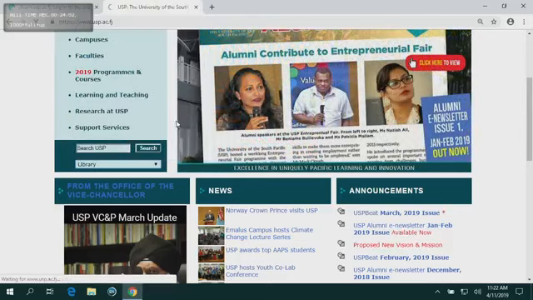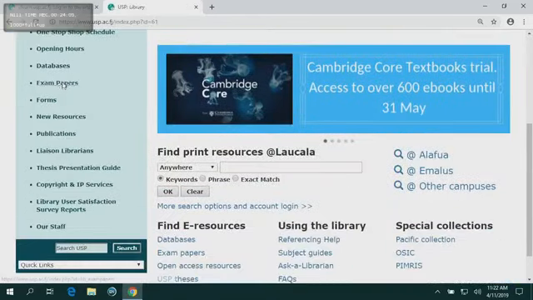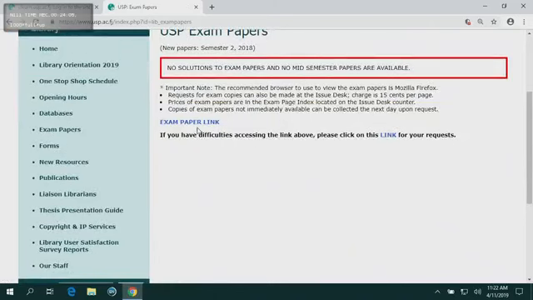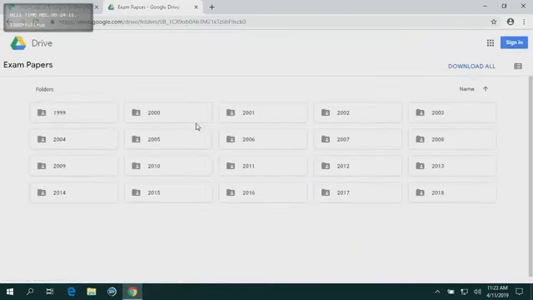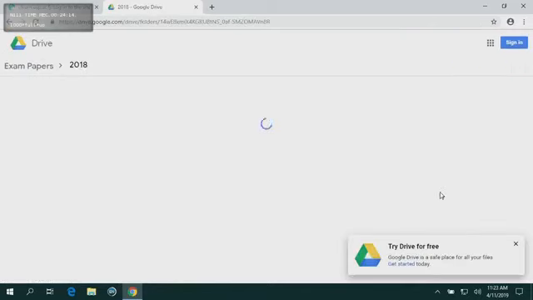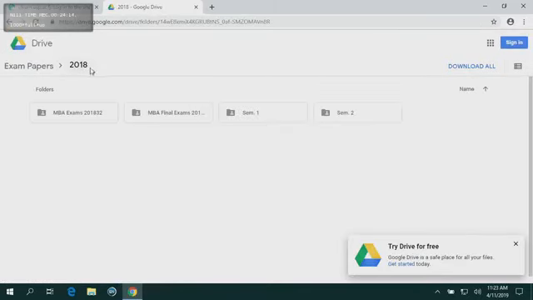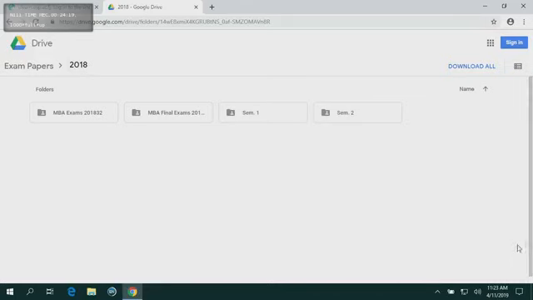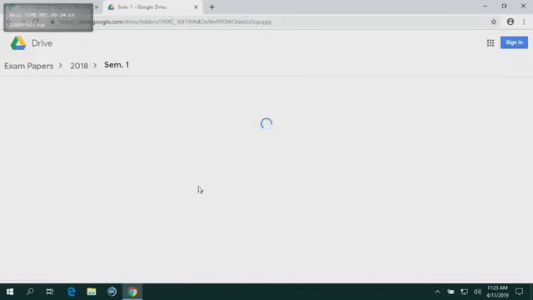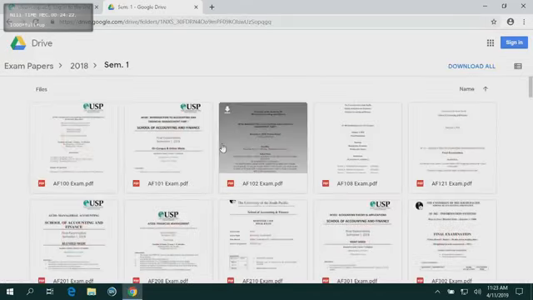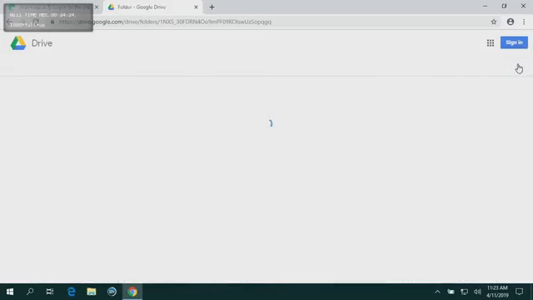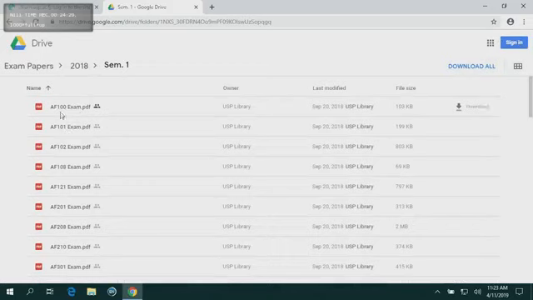Library, exam papers, exam paper link, and 2018. Is there a way to do search over here? Does anyone know how to do search? Semester 1. How can I search this? Is there a search line over here somewhere? Does anyone know this? Where? Here?